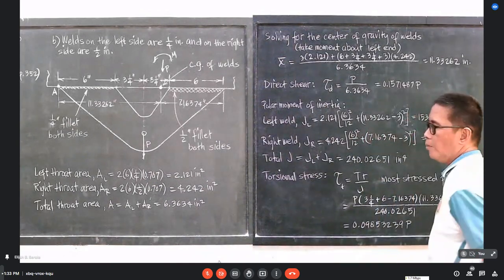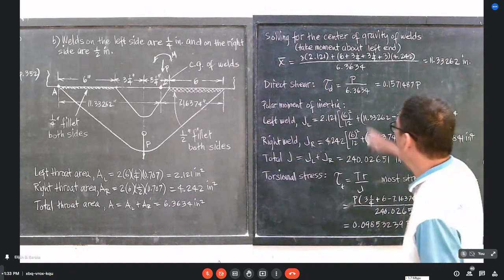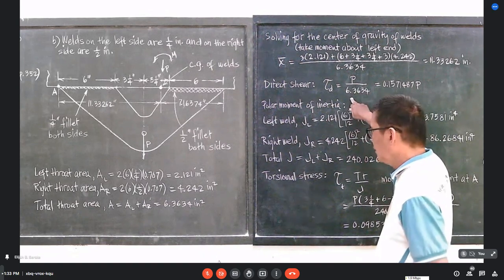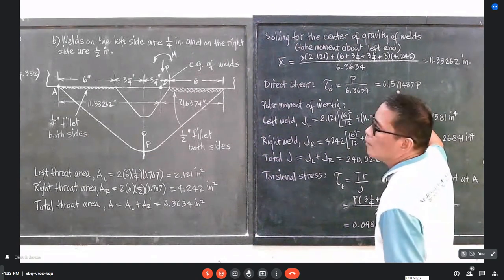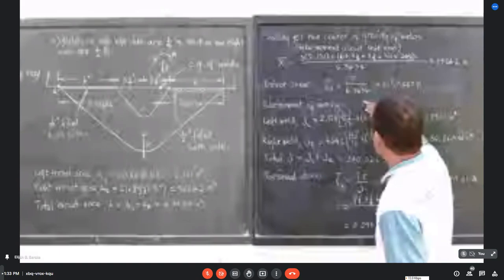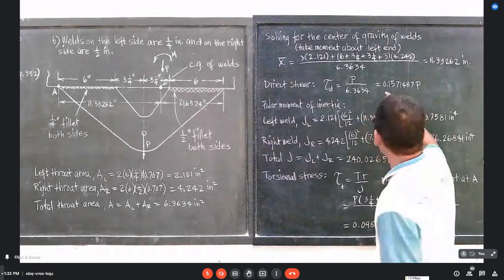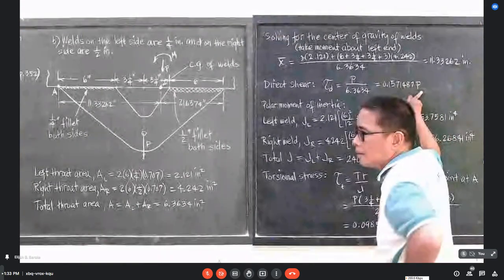So we can now compute for the direct shear. The direct shear is P over the total throat area. Then I simplified it by taking the reciprocal of this, so that we can have a value which is not a fraction.